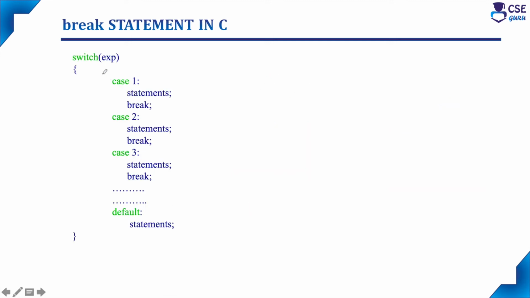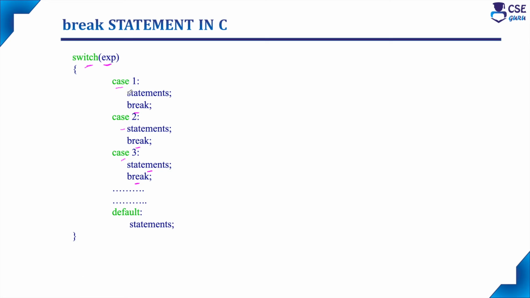Now consider the switch statement. This is the syntax for the switch statement. Inside the switch, we can include any number of case statements, and for each case the corresponding statements. After executing these statements, at the end of each case block, we need to include a break. Because when the expression is true, only one of the case statements will execute.